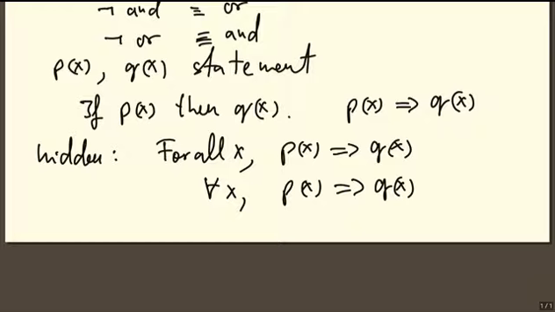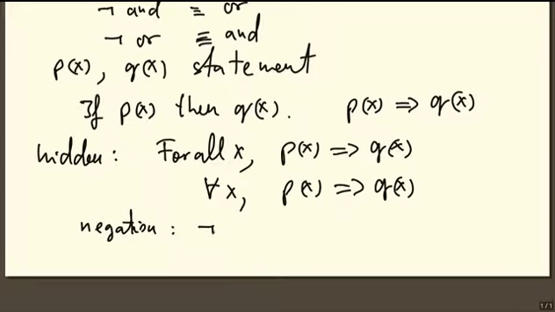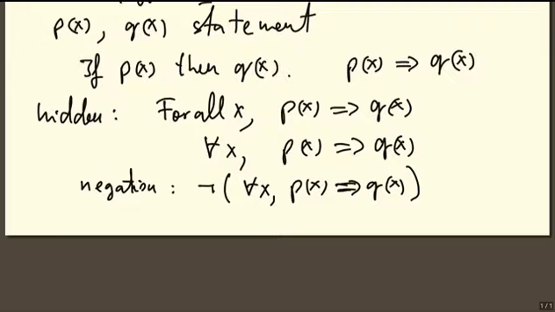The negation of that, first of all, let me write it this way, that what we want to negate is that for all x, p of x implies q of x. The negation of this implication is that you turn the universal quantifier "for all" into the existential.